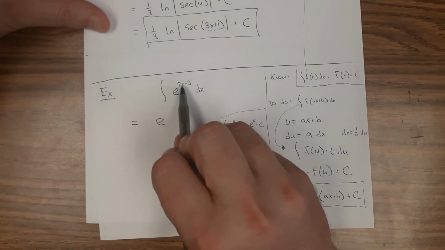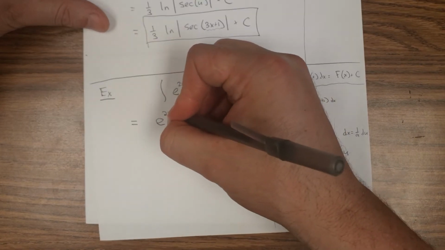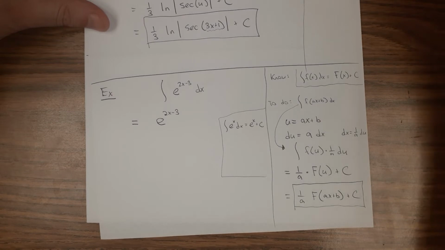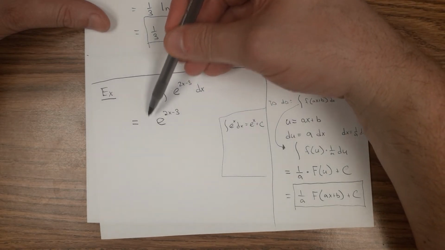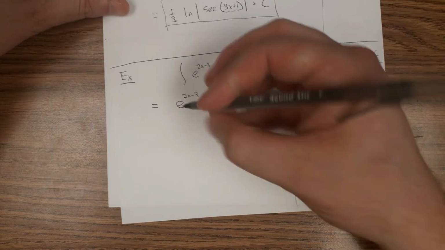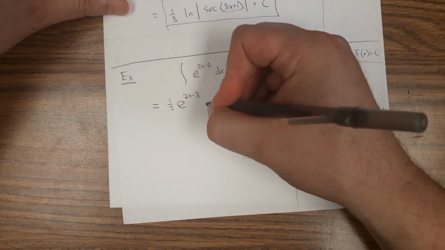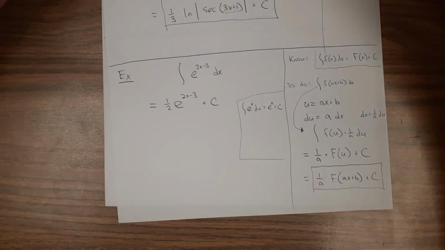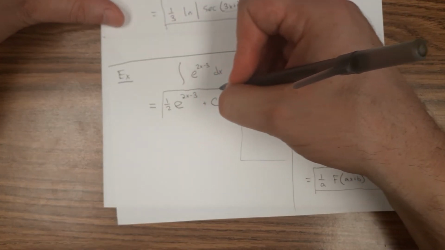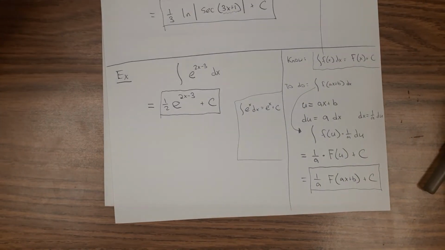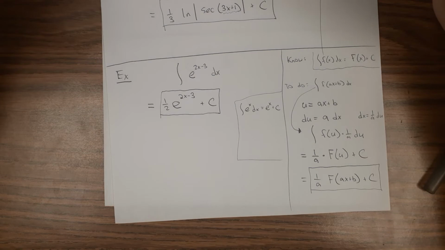I'm going to put the same thing inside, and I'm going to have 1 over the coefficient of x. That's this 1 over a. So I'm going to have a 1/2. And that's it. You can really just do this in one step. I am completely fine if you do this in one step without showing any work.